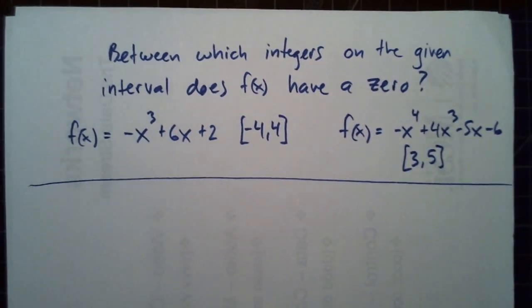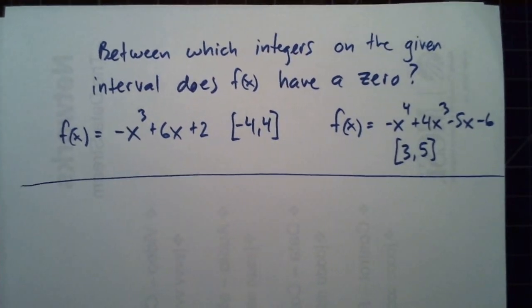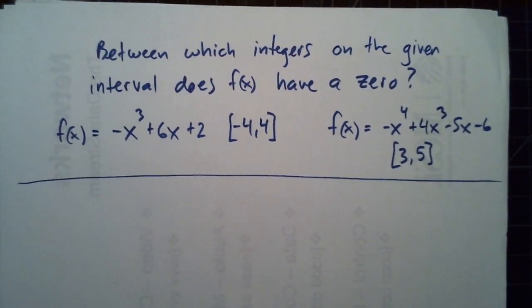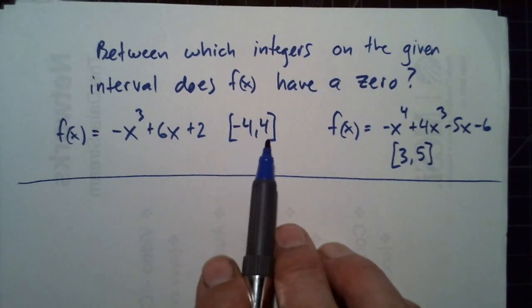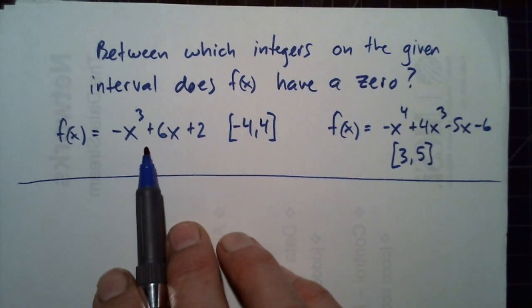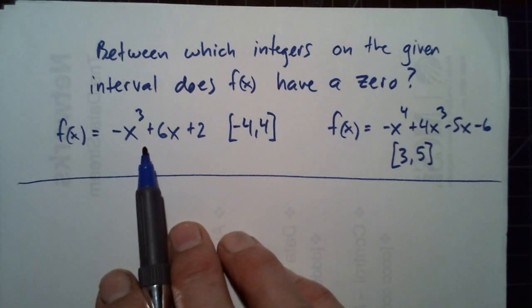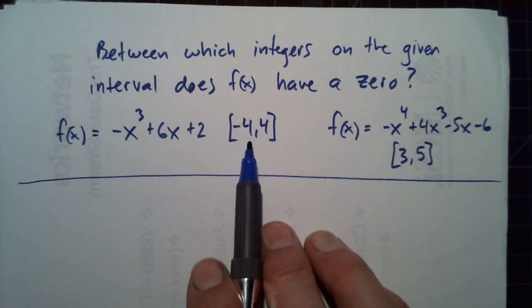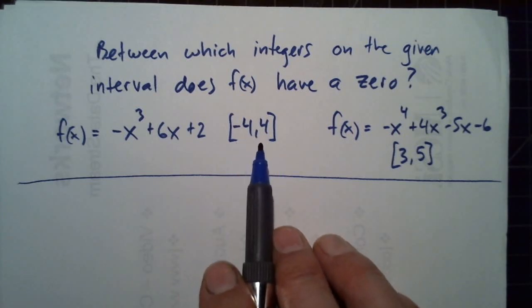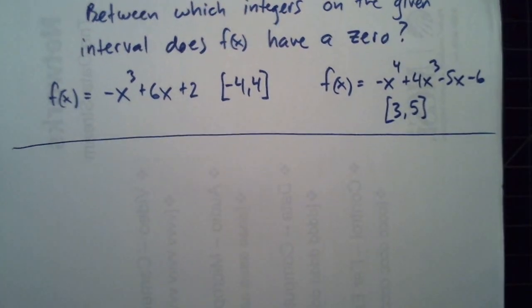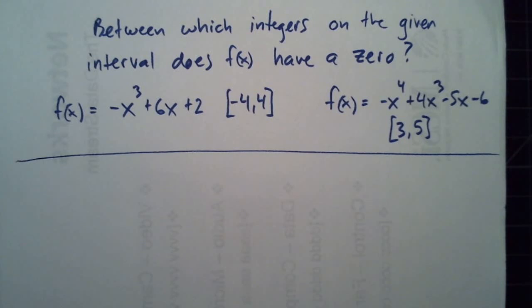All right. So somewhere on this interval, this function has x-intercepts, also called zeros. So if we just find all the y values of these x values, we can find out where there must be an x-intercept.